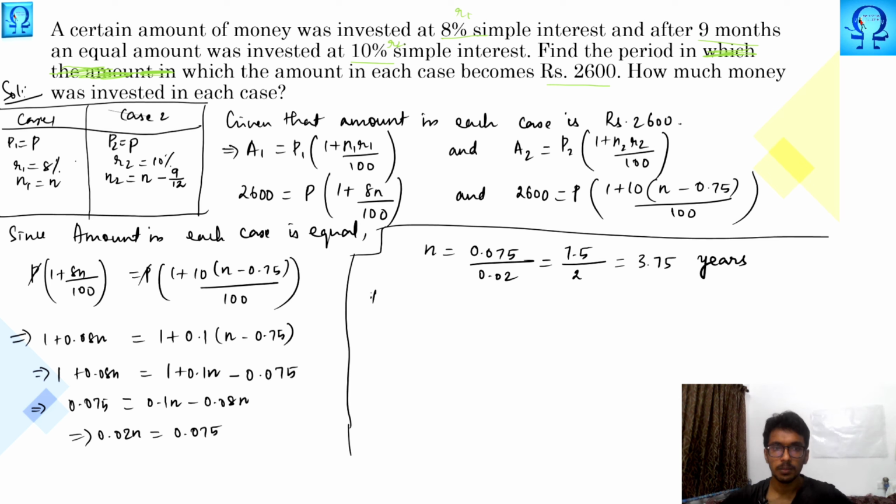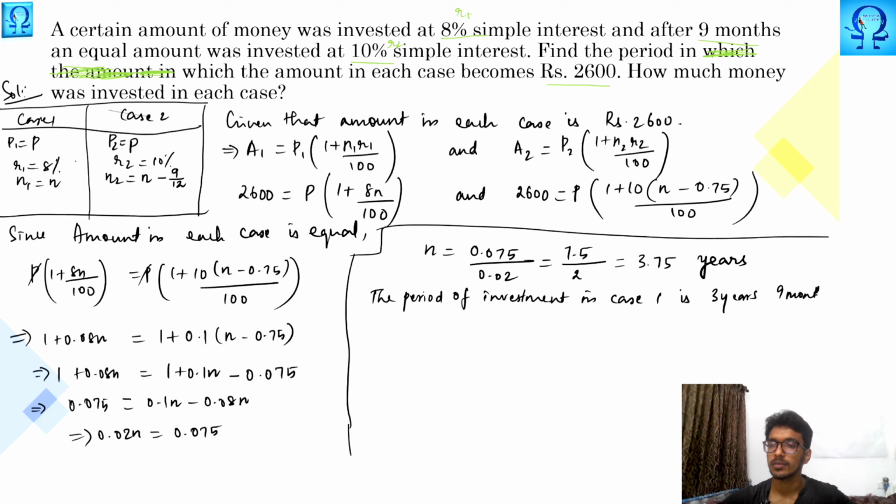That is the period of investment in case 1: 3 years 9 months, since 0.75 means 9 months. And the same for case 2, which is after 9 months, so it is simply 3 years.